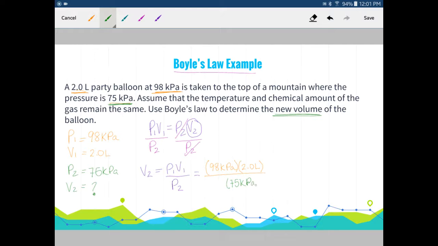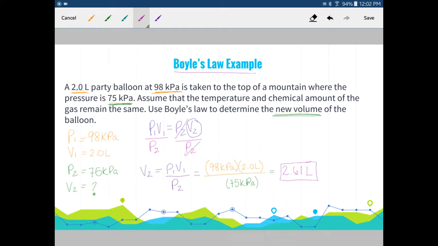When I plug this into my calculator, I get 98 times 2 divided by 75. This gives me an answer of 2.61 liters.